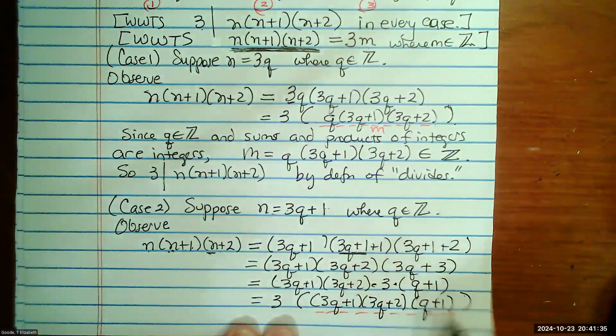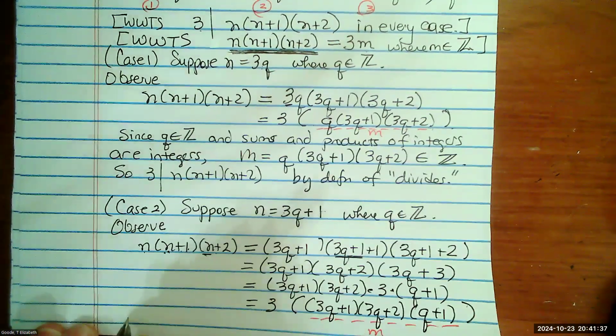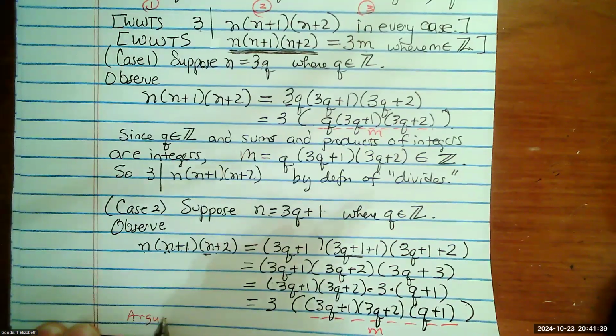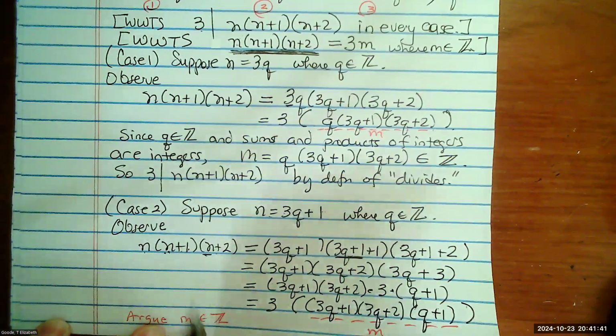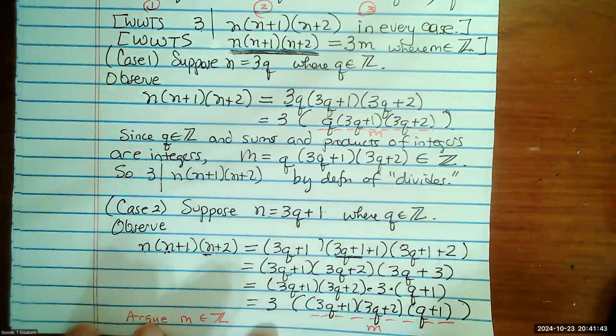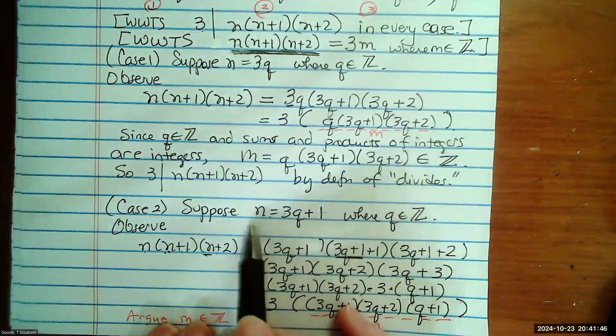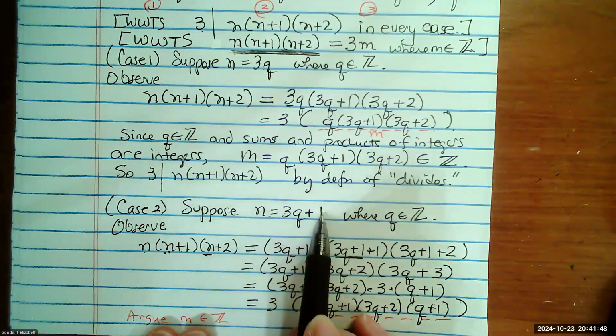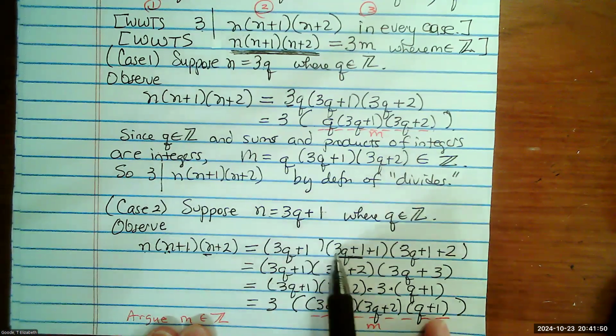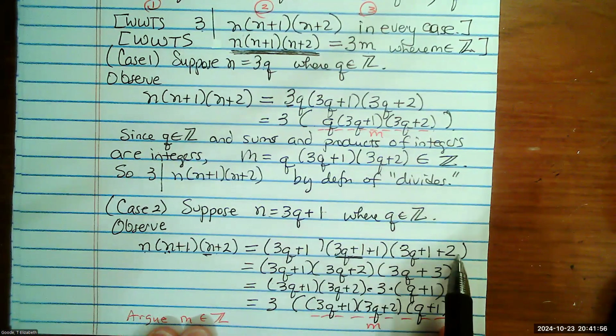All right, and then argue m is an integer, right? You have to do the same thing. Now, when n is 3q plus 2, it's this factor that's going to have a 3 that you can pull out of it, because this will turn out to be 3q plus 4, because it'll be 3q plus 2 plus 2.